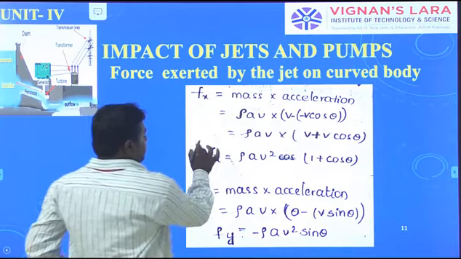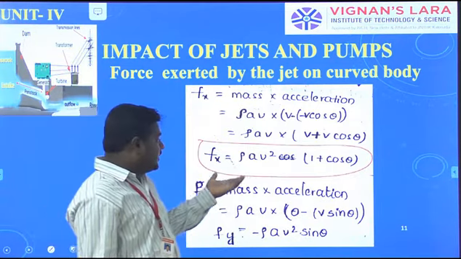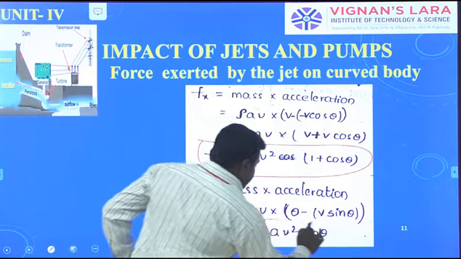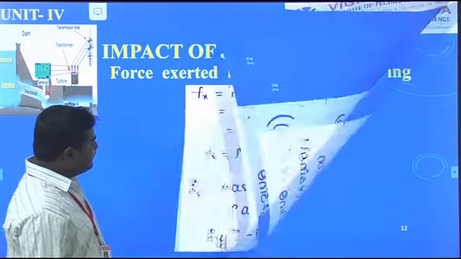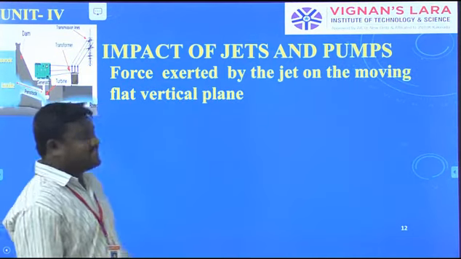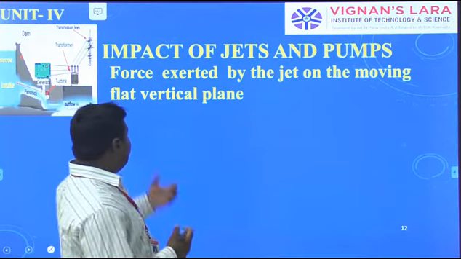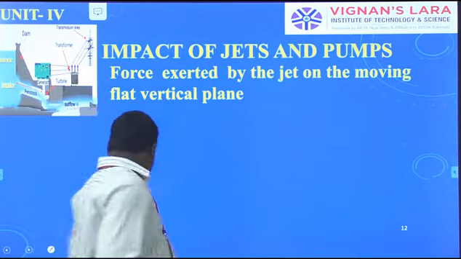Finally we get Fx equals rho A V squared into 1 plus cos theta. Then Fy equals rho A V squared sin theta. Okay, the force exerted by the jet on the moving flat vertical plate, I will explain in the next class.